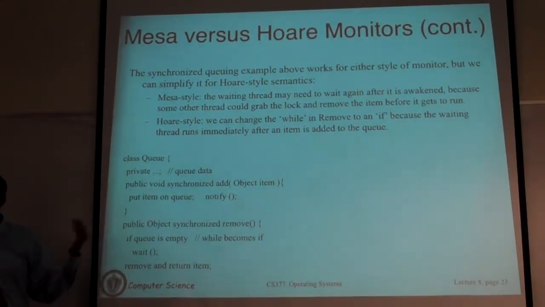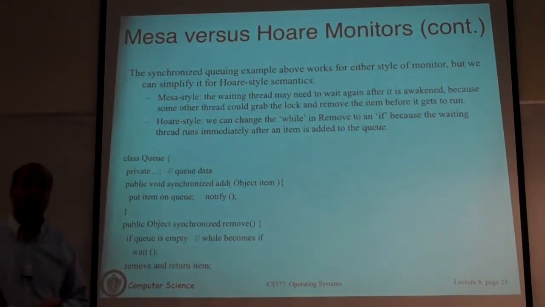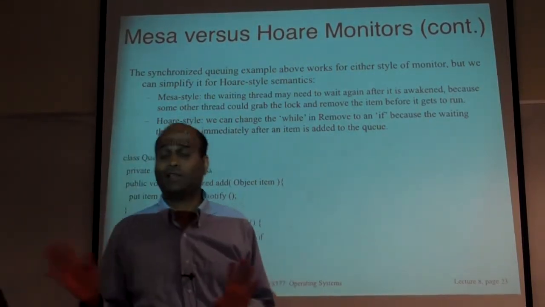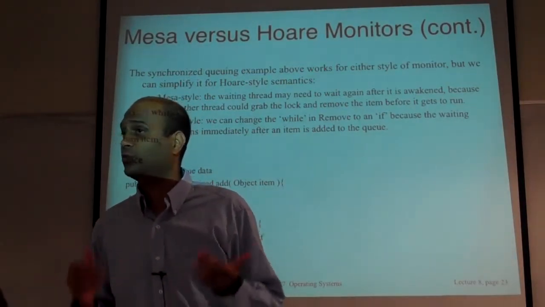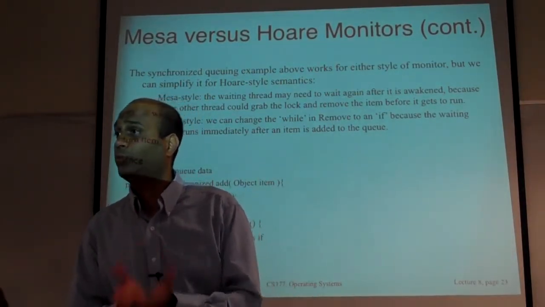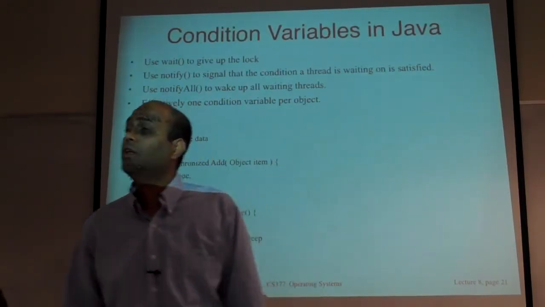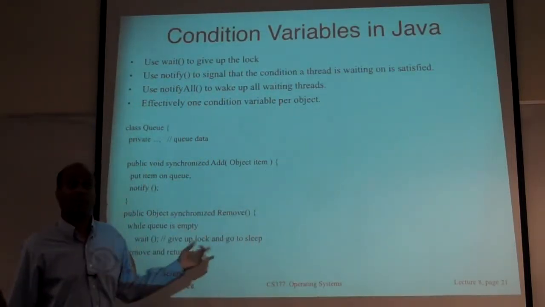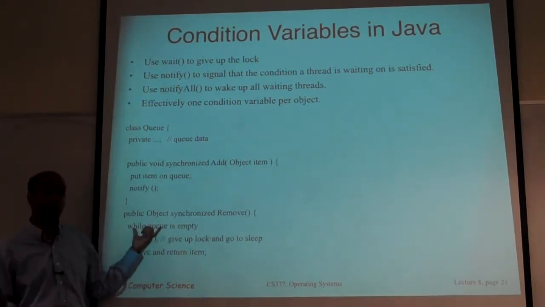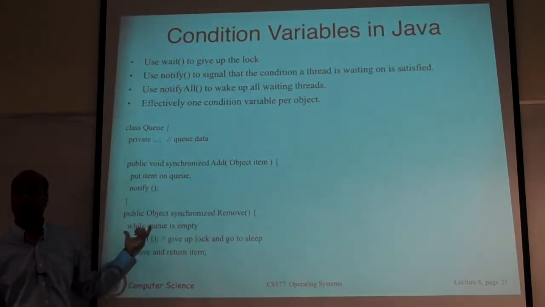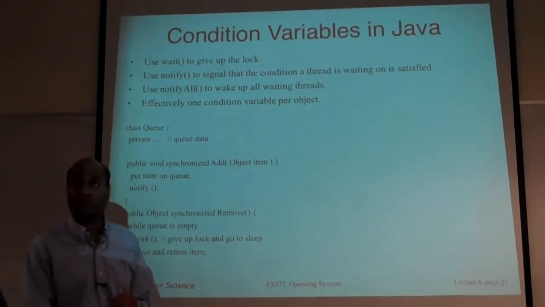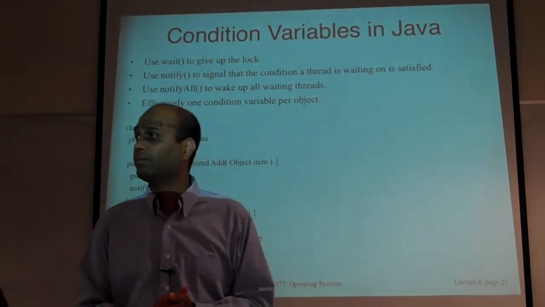You know nobody else got in between, because this thread just passed on the lock to this other thread. That's the only difference. But all this is an academic discussion, because Hoare monitors you will never actually program in practice. You only have Mesa style, so you really have to write code assuming that some other thread will come in and do something. So you will have to always double check. So you always write a while in front of a condition variable wait.